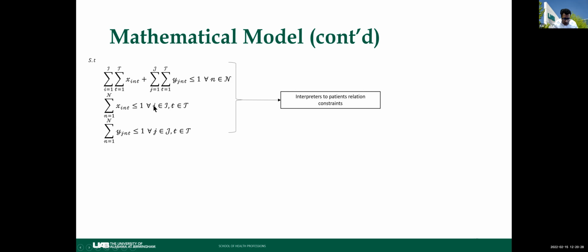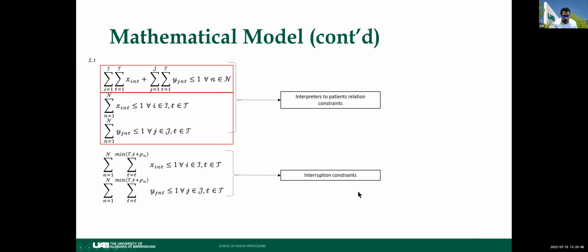And then for every interpreter, we can assign only one patient, so we cannot assign two patients to an interpreter at the same time. At every time step, every interpreter needs to work with only one patient, whether it's a full-time interpreter or a part-time interpreter, which is the Y. And then the second part is called interruption constraints, where once an interpreter starts working with a patient, that interpreter cannot be interrupted.